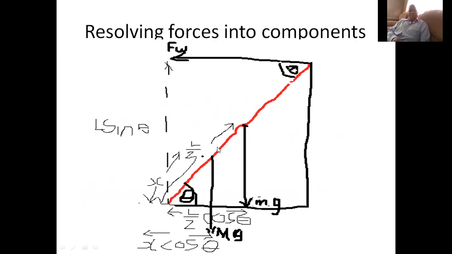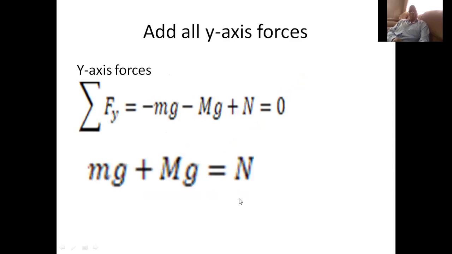The ladder has a length of L, and therefore the distance to the middle, if it's uniform, is L over 2, half the length of the ladder. And then you multiply it with the distance which is perpendicular, which is L over 2 cos theta. This is the one which is perpendicular to that force.